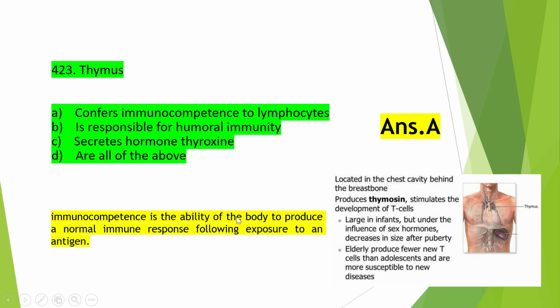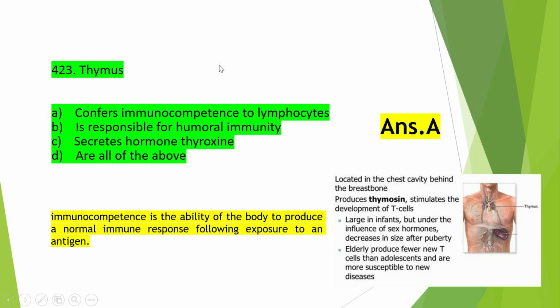Immunocompetence is the ability of a body to produce a normal immune response following exposure to an antigen. So here we can see the thymus located in the chest cavity behind the breastbone. Here the thymus is present and it produces thymosin, which stimulates the development of T cells.